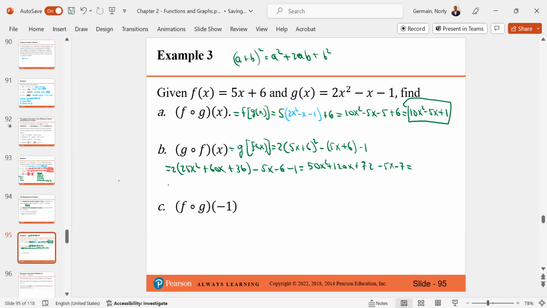At this point, if it's possible, we simplify: 50x squared, 120 minus 5 is 115x, plus 72 minus 7 is 65, sorry.